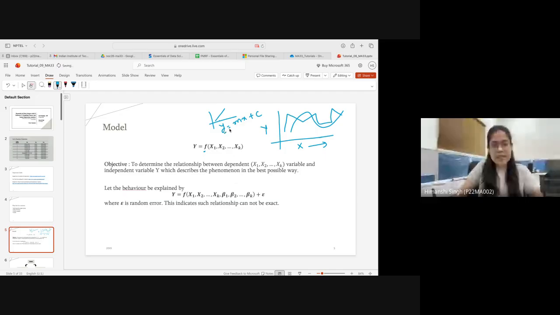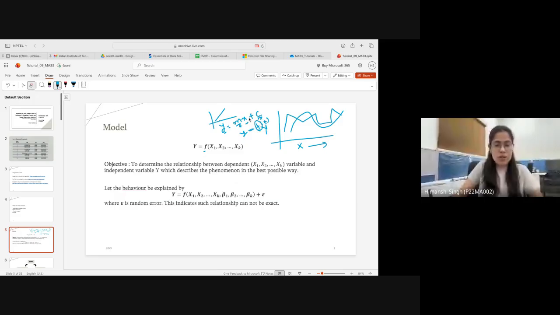So y is the dependent variable, x is the independent variable, but m and c are the parameters. So y is a function of x, but what function of x? For example, if it is mx plus c, then this function consists of some parameters.